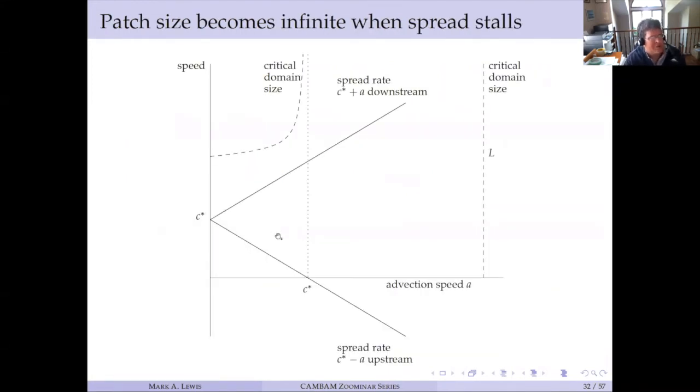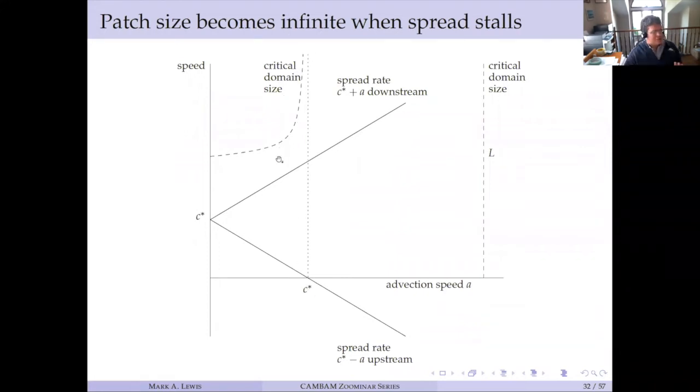If we put this on the graph that we saw previously, now we have a new axis, the critical domain size L, shown here in dashed. The critical domain size looks like this. It grows with the advection speed, and then exactly at the point where the advection speed is equal to the intrinsic spreading speed, it becomes infinite.